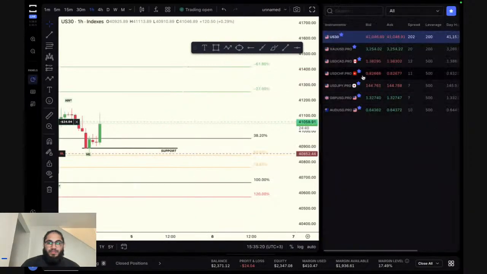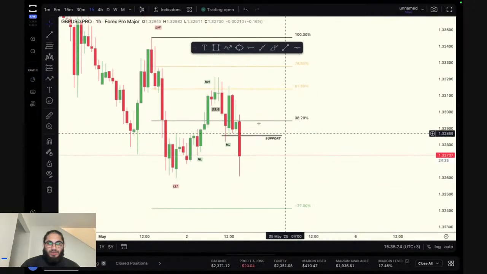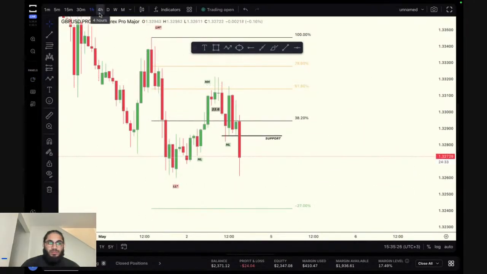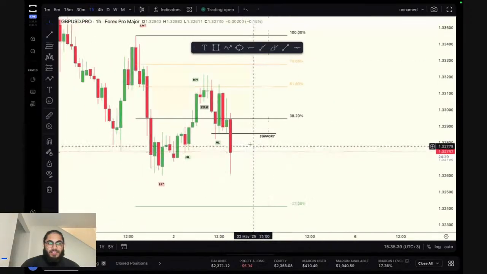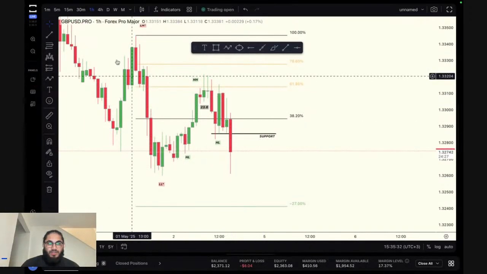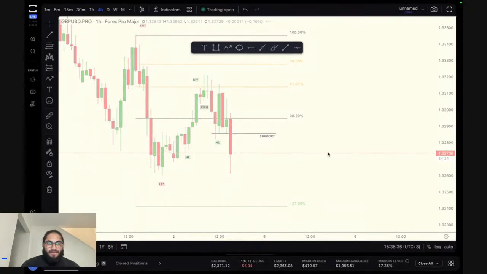I don't think I'll be taking a position on GU. Might be wrong actually. So GU, actually I might be wrong. If this can close the way it's going to close here, like I said, essentially I would want a nice clean break based off H4. H4 is not loading.